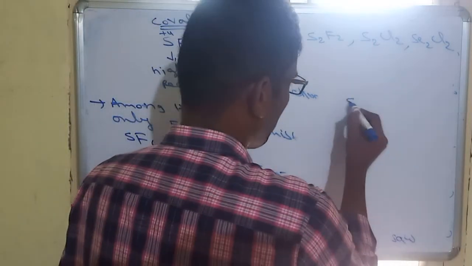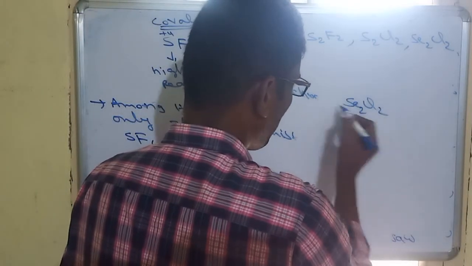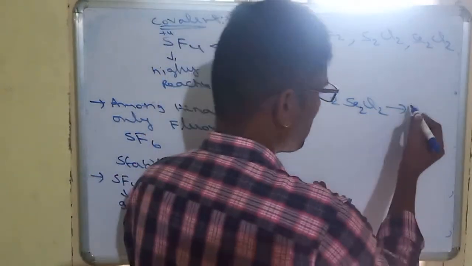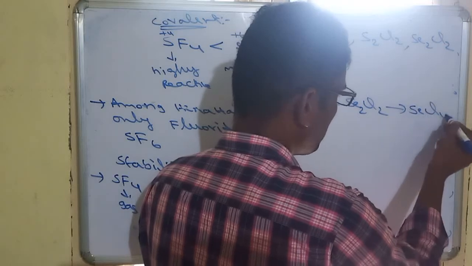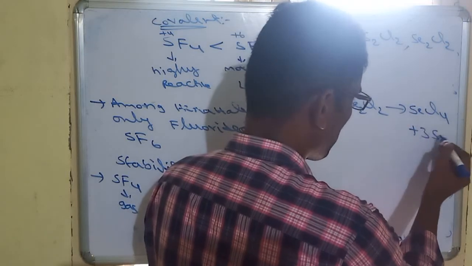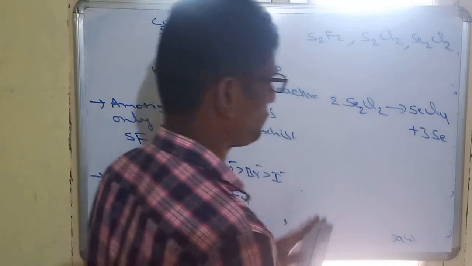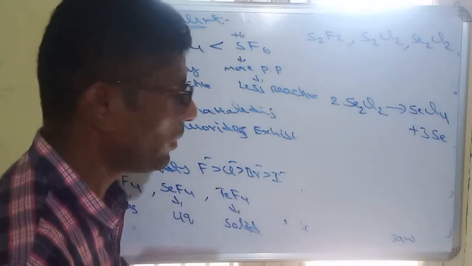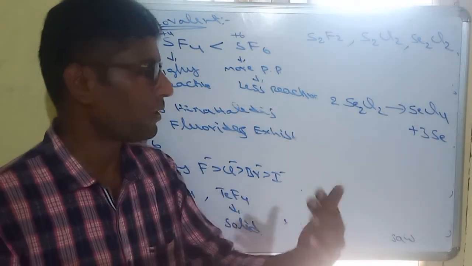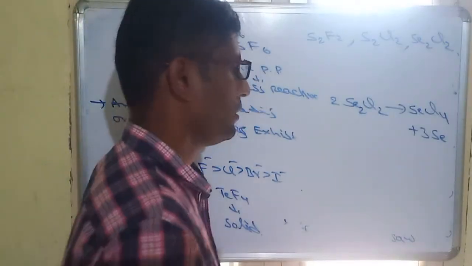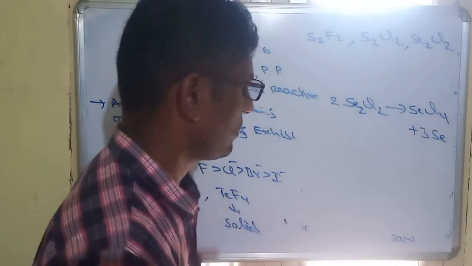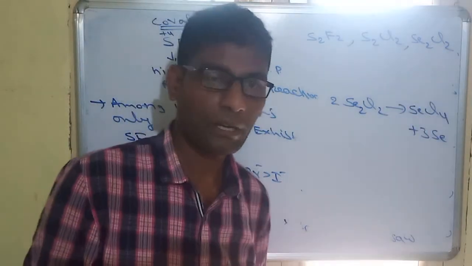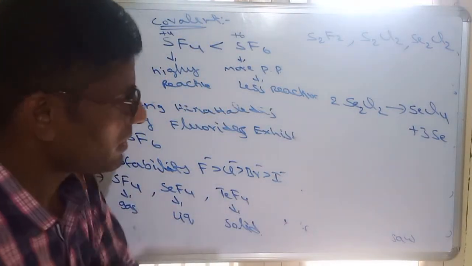For example, Se2Cl2 undergoes disproportionation and is converted to SeCl4 plus 3Se. So monohalides of the 16th group undergo disproportionation reactions. They are converted to tetrahalides. Two monohalides are converted to tetrahalide.